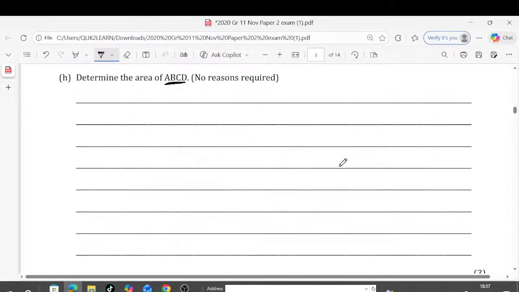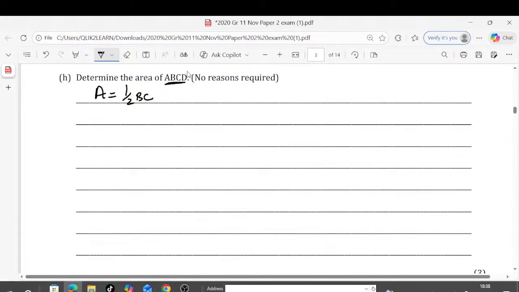First things first, we said the area of a triangle is equal to half, and the base is, we said the base will be BC.